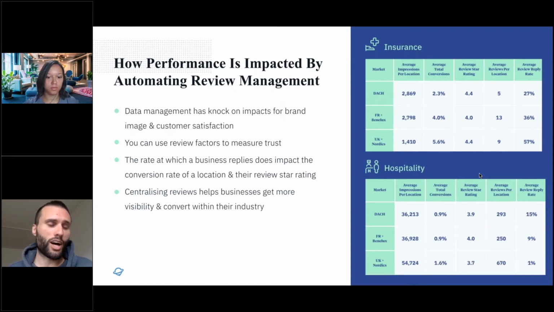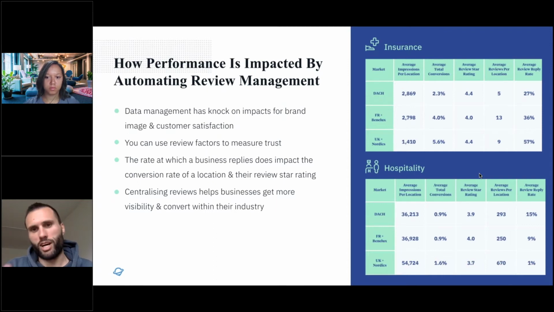So data management has knock-on impacts for brand image and customer satisfaction, definitely. And then you can also use review factors to measure trust. So in our NEMI 360 tool, you can see the data on the right has actually been taken and subsectioned by industry. You can see the averages of reply rate from the business by market.